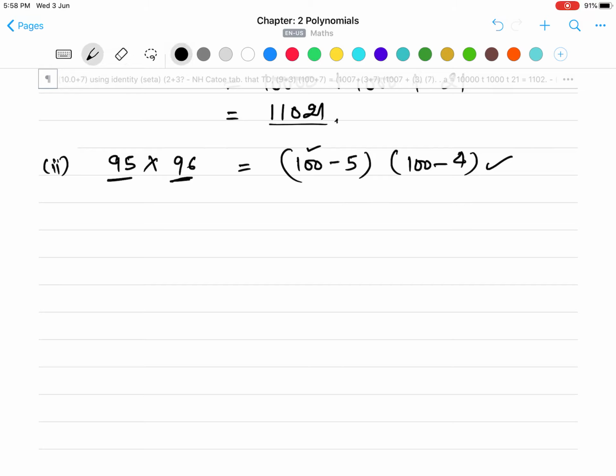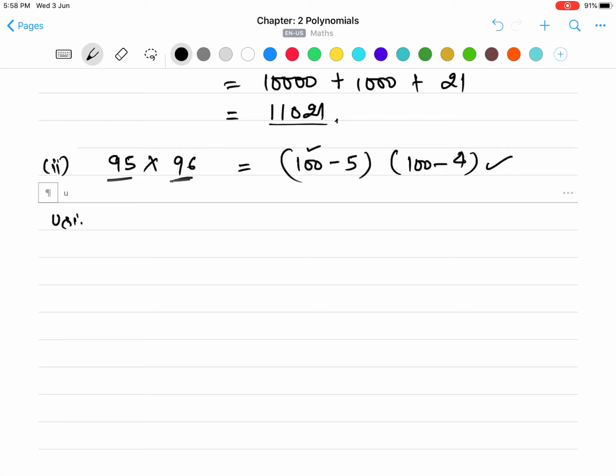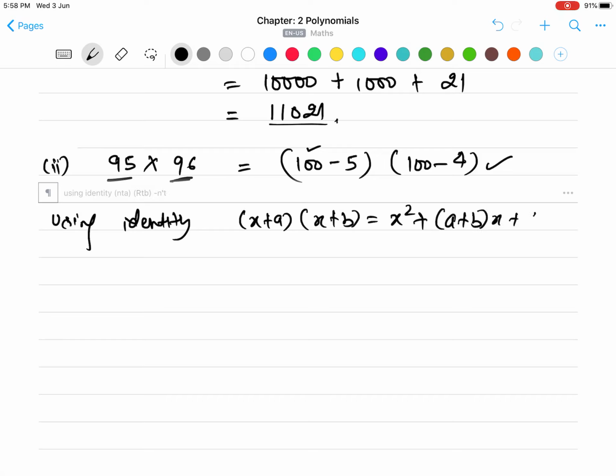Now which identity can be used here? We can use again x plus a into x plus b. So, using the identity x plus a into x plus b, which equals x square plus a plus b into x plus ab. We have 100 minus 5 into 100 minus 4.